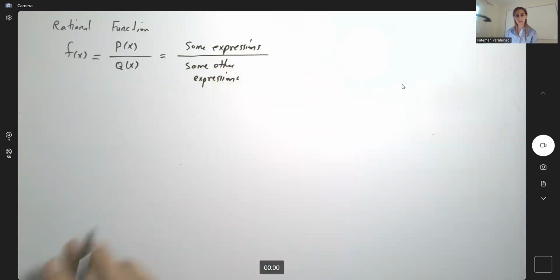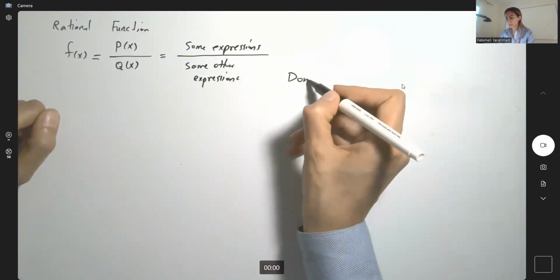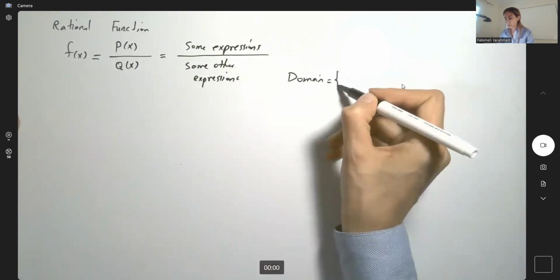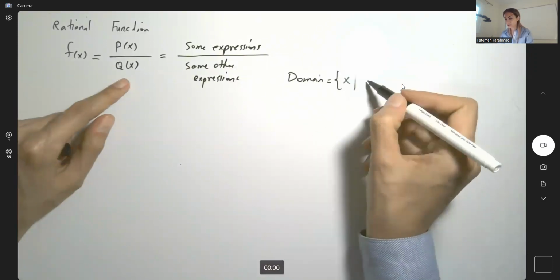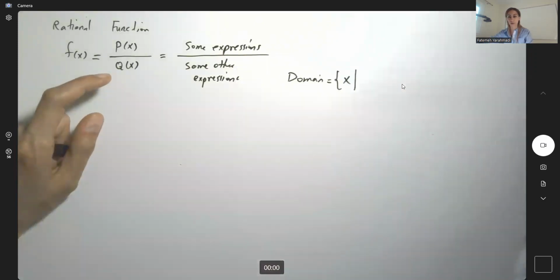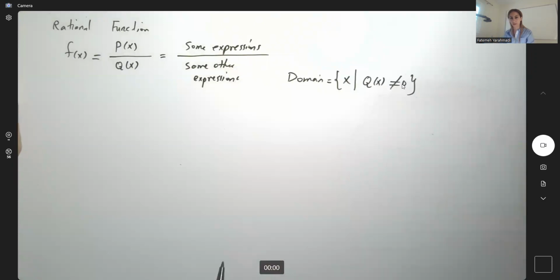So as long as it's written this way, you have a rational function. And the domain is all real values with the condition that q(x) is not 0. q(x) cannot be 0. So this is the general definition.